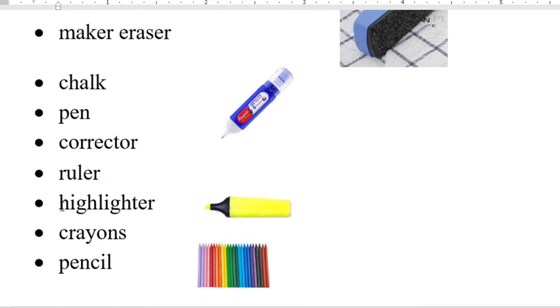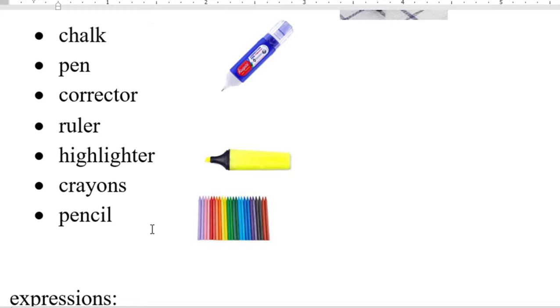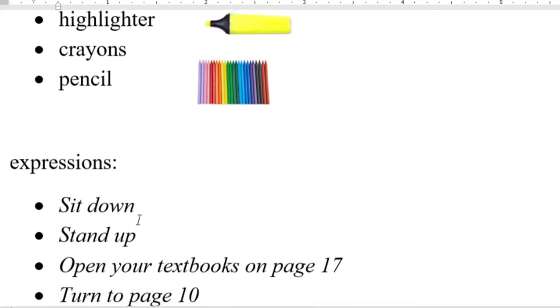It's when you find something very important, you just highlight it, which means that when you highlight a sentence or a word, it means that this word is very important and I have to look at it again. So crayons are these, as you can see. We use them in drawing. And pencil, of course, you know what a pencil, وقلم رصاص.